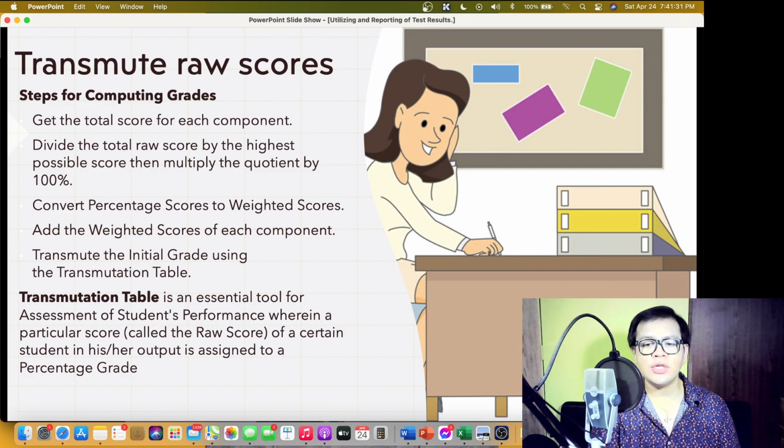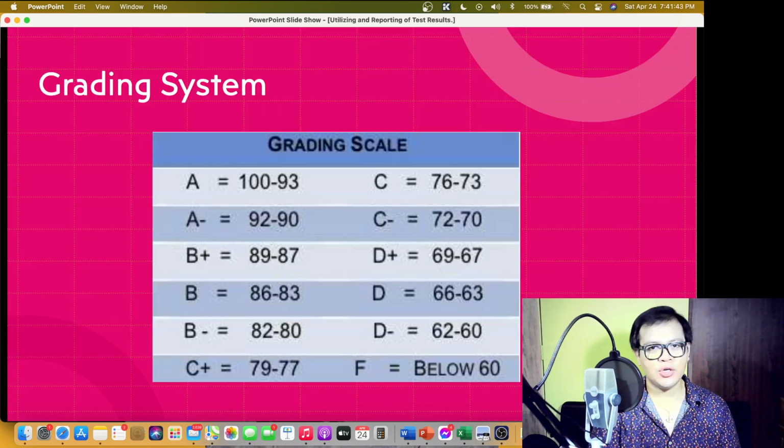And talking about the transmutation table, this is an essential tool for assessment of students' performance, wherein a particular score, called the raw score of a certain student, his or her output, is assigned a percentage grade.